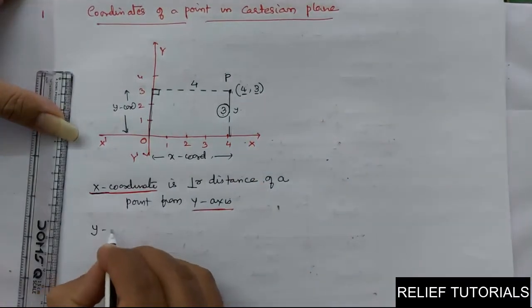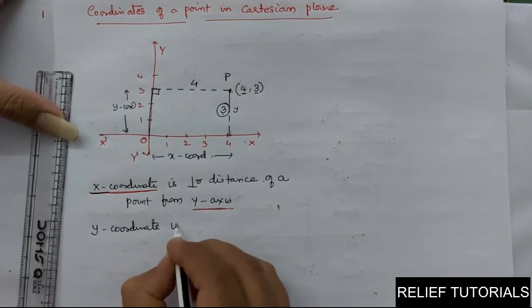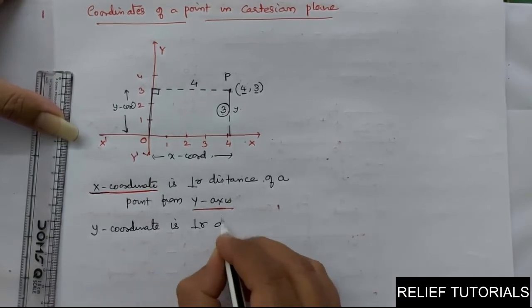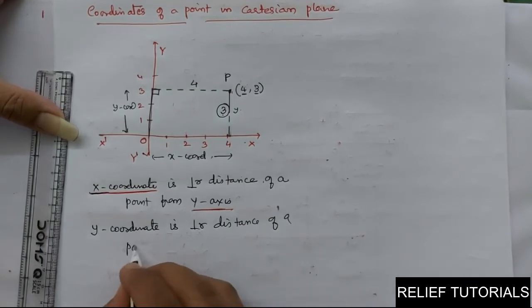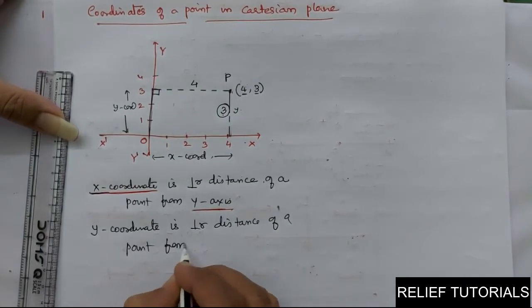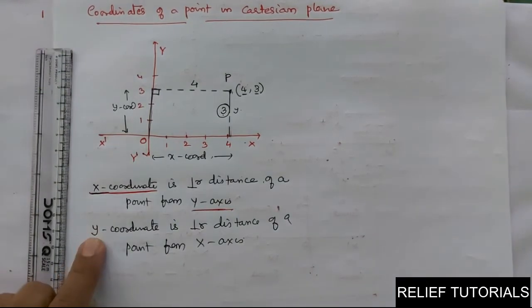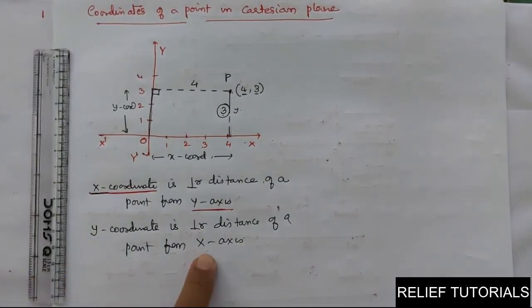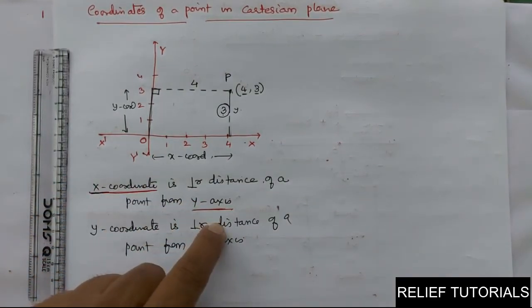So I can say the y coordinate is the perpendicular distance of a point from the x-axis. In short, the y coordinate is the perpendicular distance from the x-axis. The x coordinate is the perpendicular distance from the y-axis.